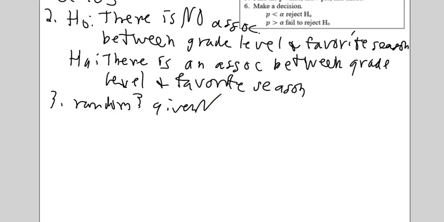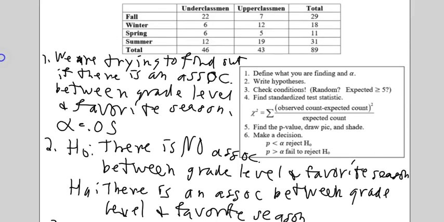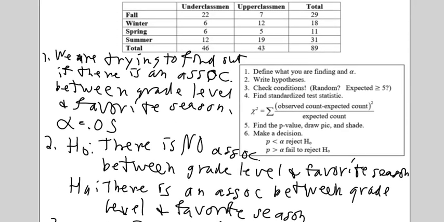Now we have to do the actual math. We have to check for the expected values. So we have to take and crunch the numbers to these boxes. I'm going to recreate that box a little bit, abbreviated.